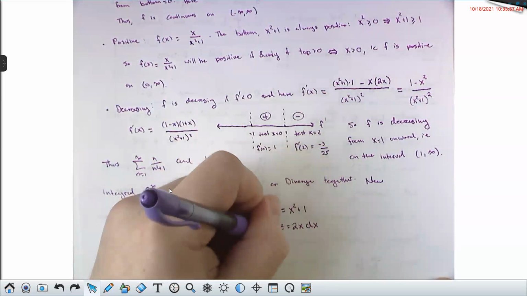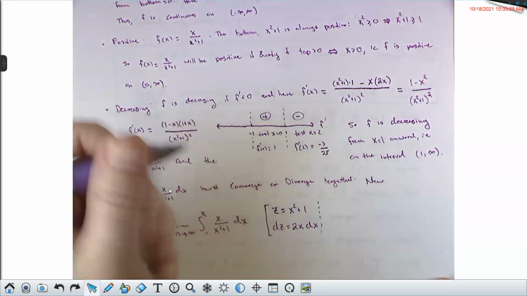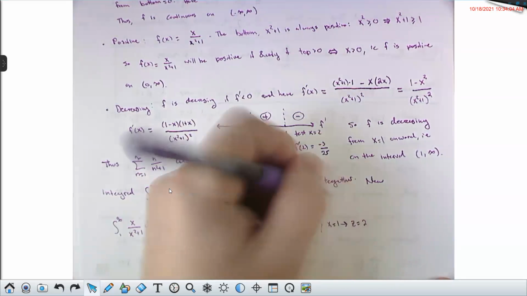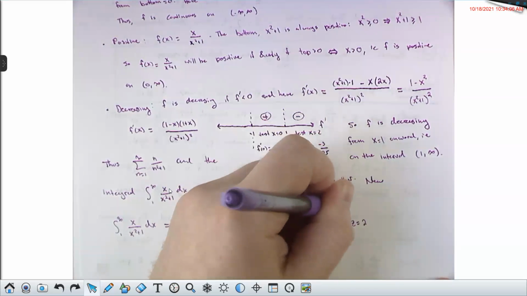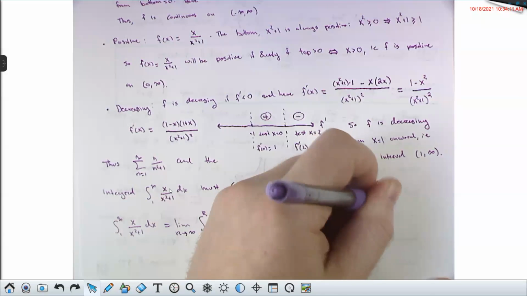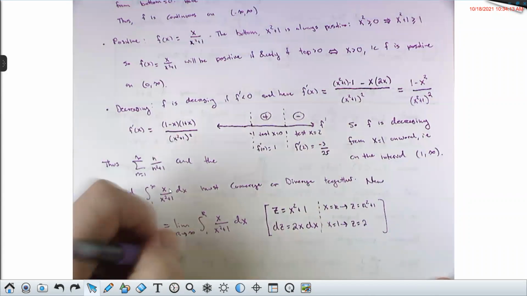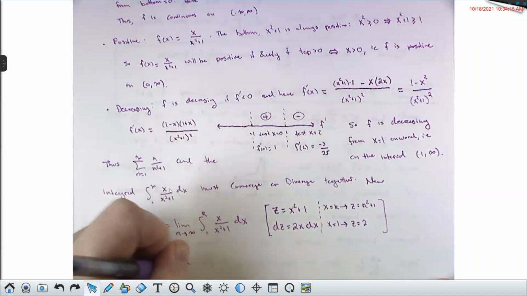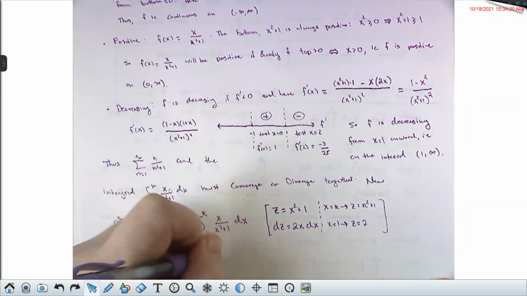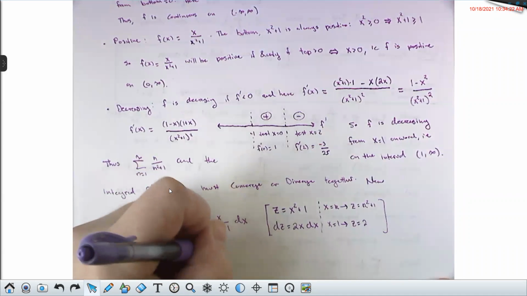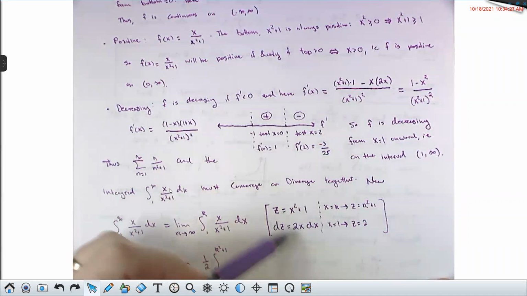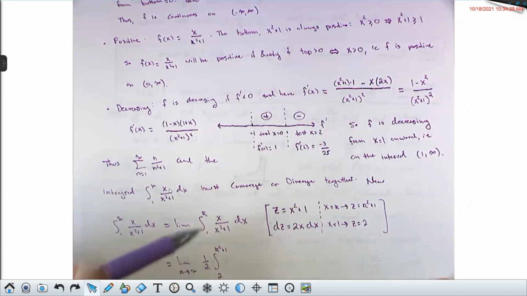We also need to change our bounds. When x is equal to 1, z is equal to 2, and when x is equal to r, z is equal to r squared plus 1. So this becomes the limit as r goes to infinity of 1/2, from my differential, times the integral from 2 to r squared plus 1. The x dx gets gobbled up by this differential, and this 2 gives me this 1/2.